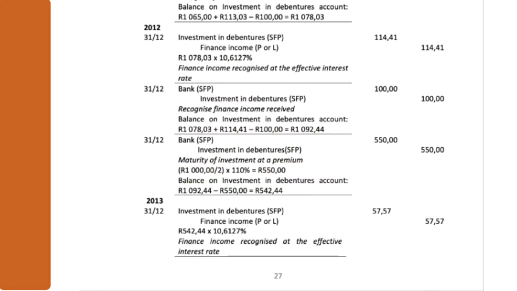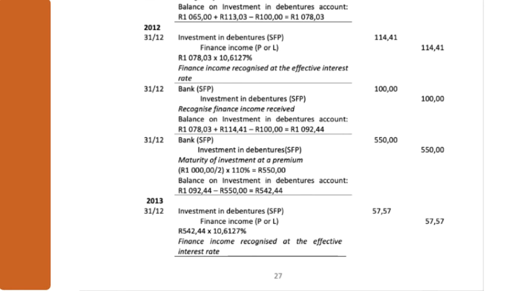So what happens now in year 2? Well, we get to the end of year 2, 31 December, and first of all, we again have to recognize the interest that accrued, the interest that was earned on this investment throughout the year. How do I recognize it? According to the effective interest rate method.